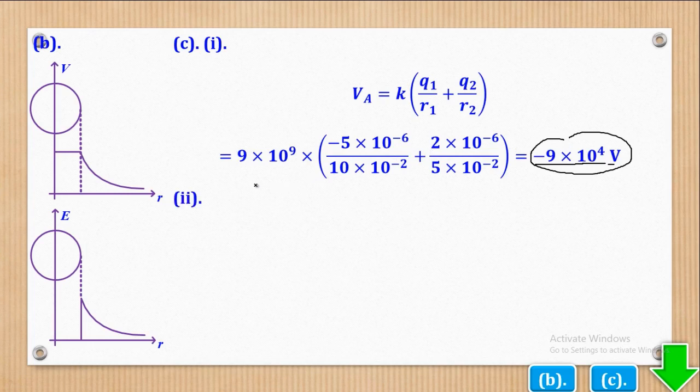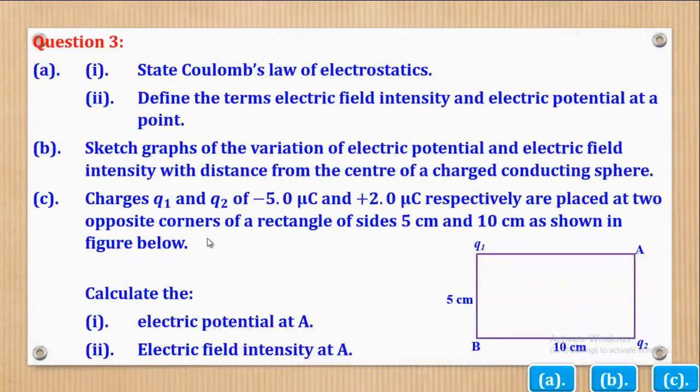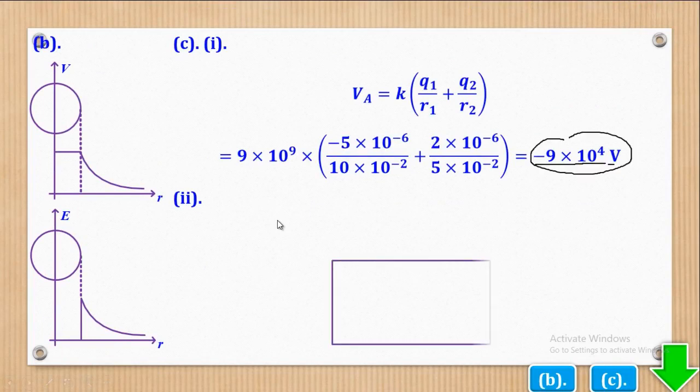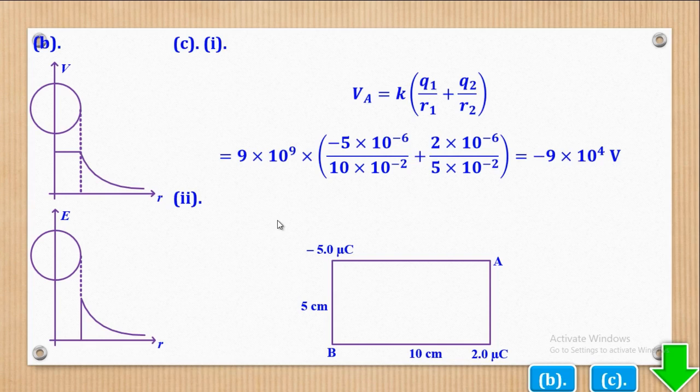Electric potential was a scalar quantity, but Roman 2 says they want electric field intensity. Electric field intensity is not a scalar, it is actually a vector, therefore the direction matters. So let's first redraw the given diagram and see the directions of those electric field intensities.